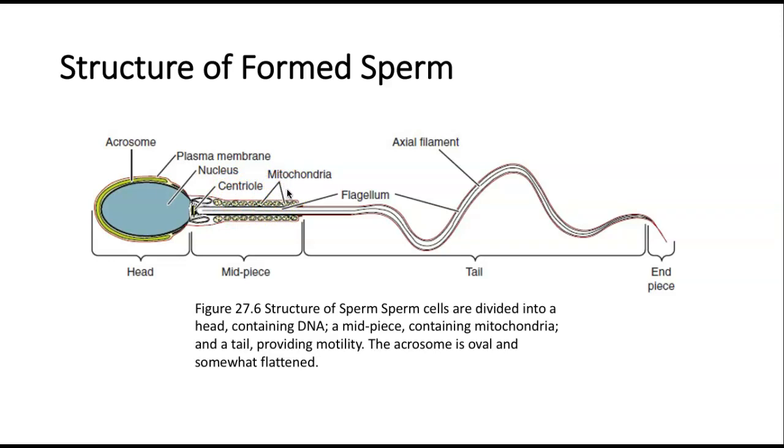Mitochondria produce energy for the cell to use, and those mitochondria use the stored fructose, so not glucose, but fructose, in order to produce the energy that can whip this flagellum, which is the tail, in order for this cell to move, to provide motility. And so basically that's the structure of a formed sperm. You guys probably have seen a picture of sperm before, but just to go over it again.